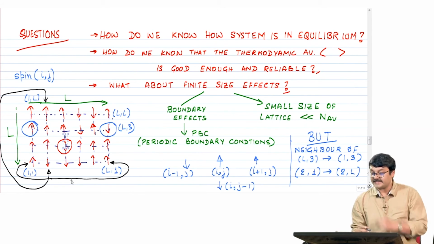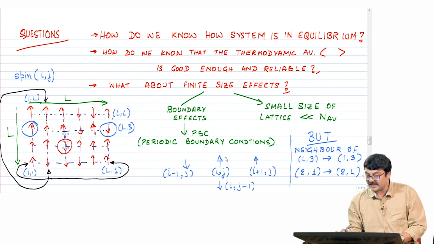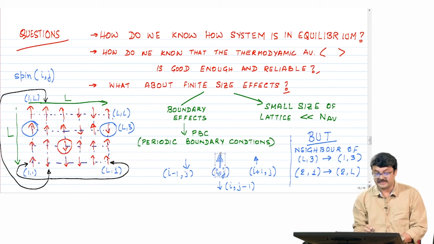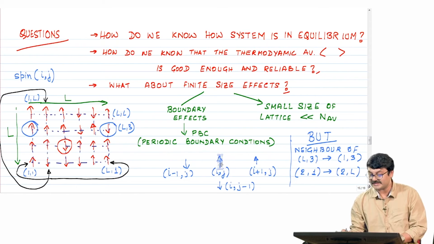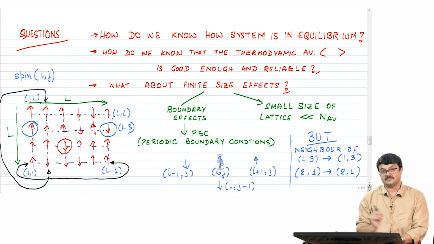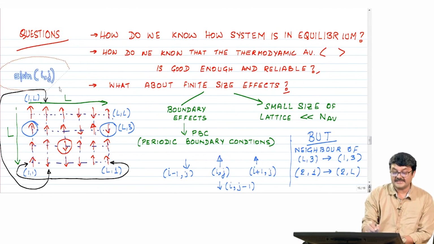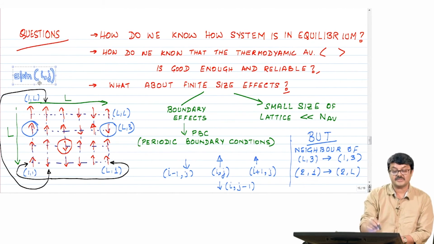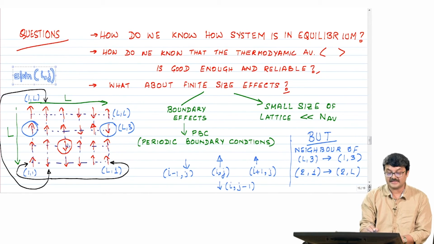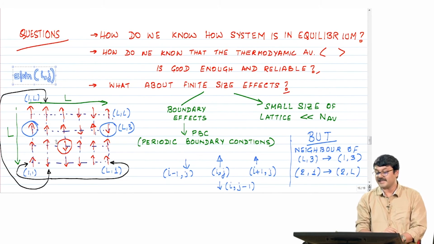Now, let us say that this is spin I j. That is how each site on the lattice is denoted by an array, and choosing I and j fixes a particular lattice site.